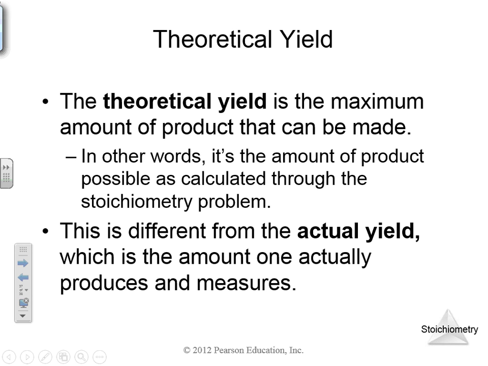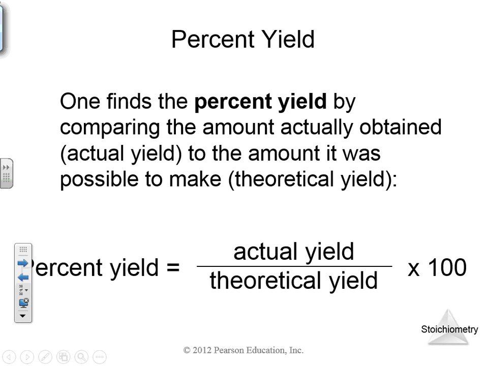Last couple things when we're talking about math, we have theoretical yield and percent yield. How do those two combine together? Theoretical yield is how much you should have mathematically on paper. Your actual yield is how much you actually make when you run the experiment in lab.